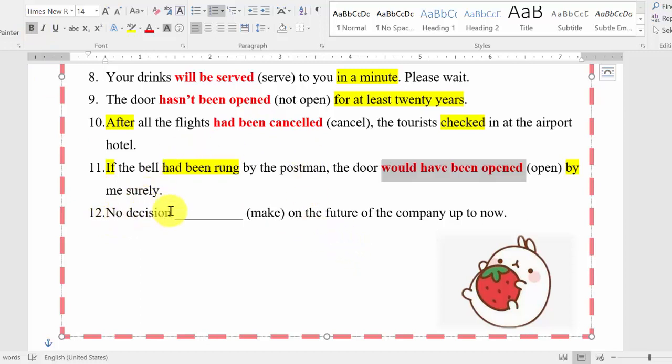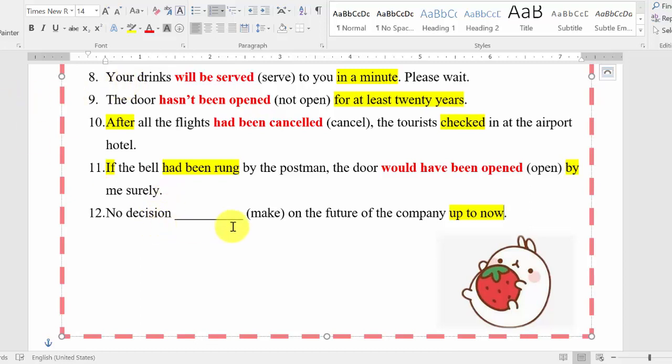12. No decision what made on the future of the company up to now. So your keyword here is up to now. Please remember this keyword. Up to now means something like until now. It started from a time in the past, but we do not know when, until now, up to now.